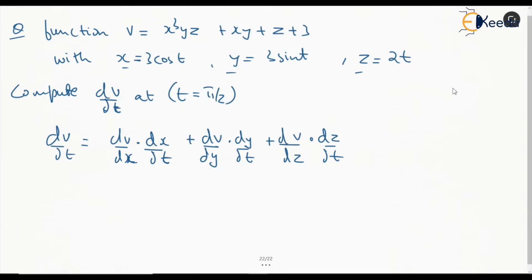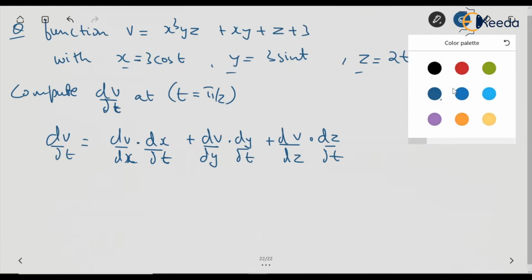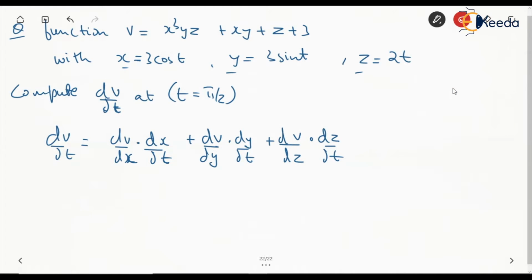From here we can see that x dash, or dx by dt, is going to be minus 3 sin t, y dash will be 3 cos t, and z dash will be simply 2, right?